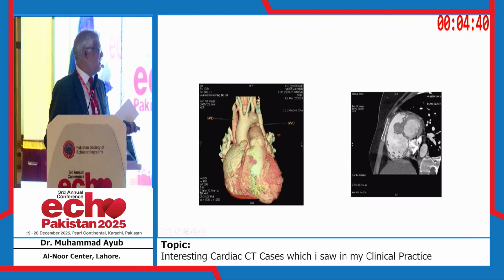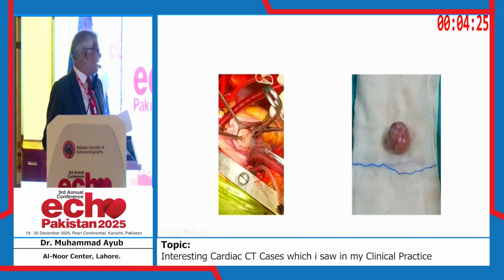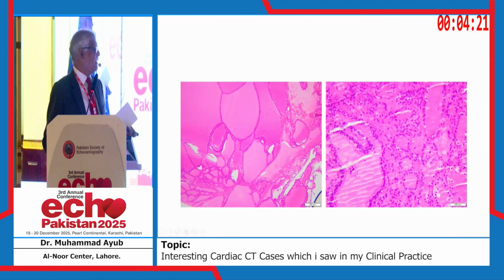A cardiac CT was performed that again showed a mass in the RVOT and a secondary ASD. A surgery was performed, and this was the histology of the case.